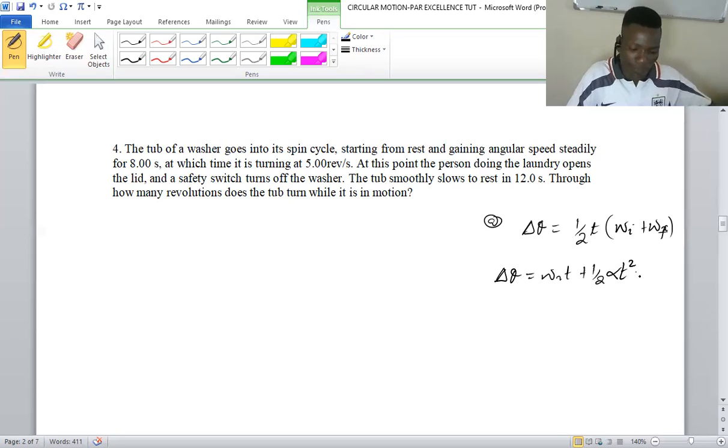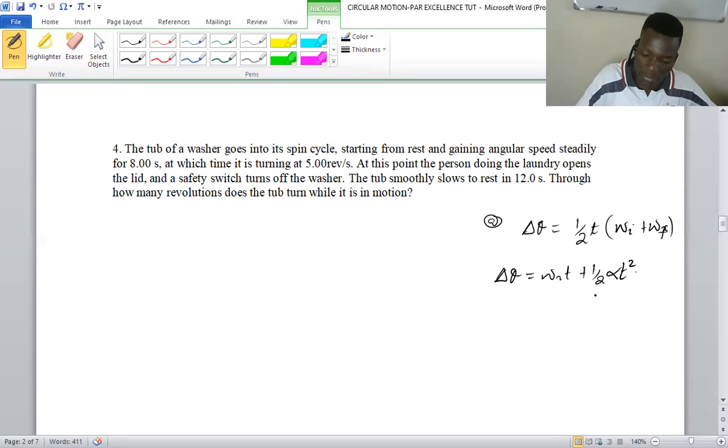Okay, so in the first case we have this washer spinning, starting from rest, and it gains angular speed of 5 rev per second in 8 seconds.